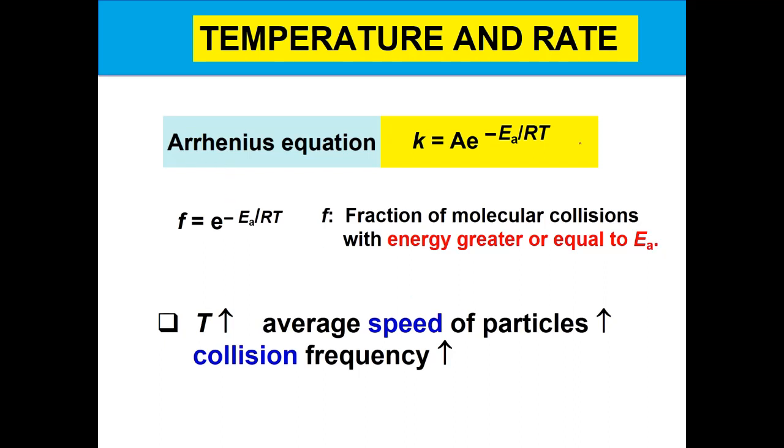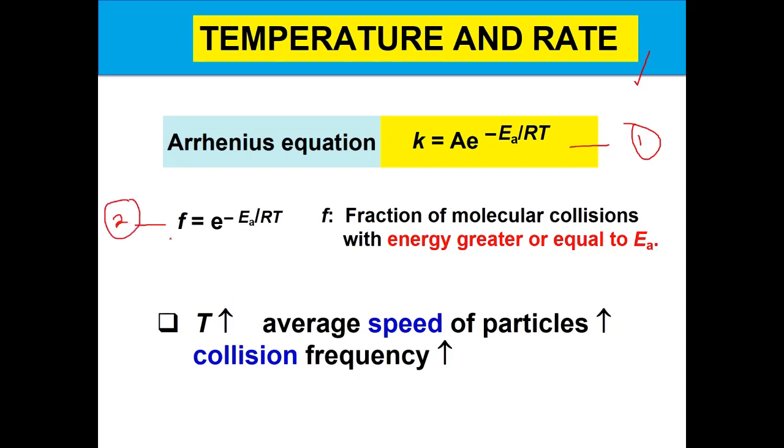Okay, this one is again the Arrhenius equation. Now we look at the temperature and rate. This one is the Arrhenius equation, equation 1. Then we have another equation here, equation 2.